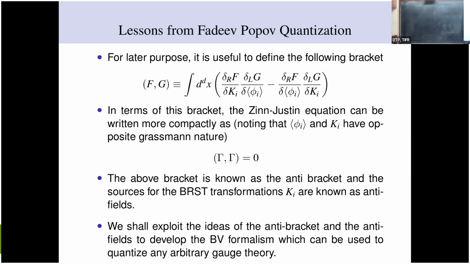So we will exploit these ideas of anti-bracket and anti-fields to develop the BV formalism. This was just in the context of BRST invariance in normal Yang-Mills theory, but we are going to generalize these notions of anti-fields and this bracket, and that will give us the BV formalism.